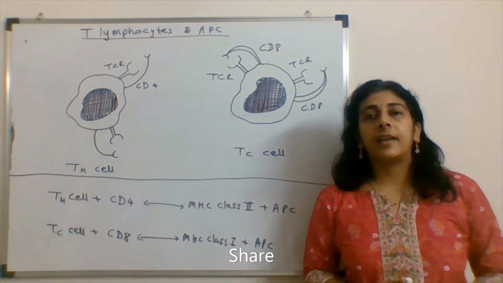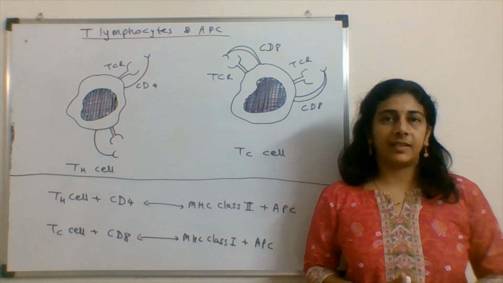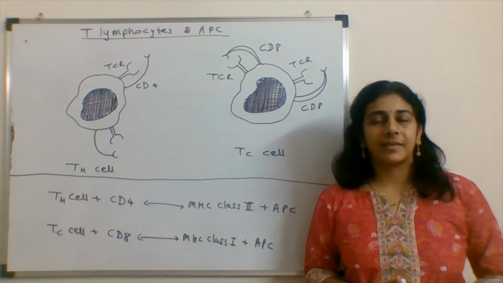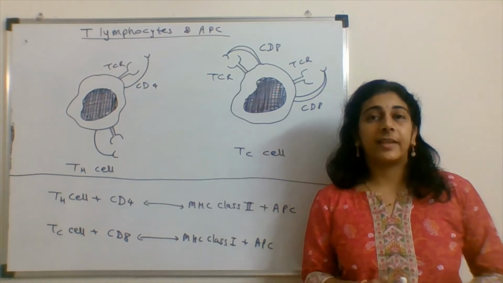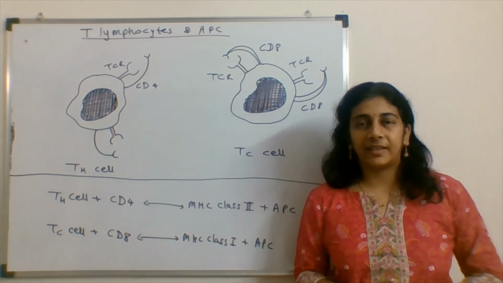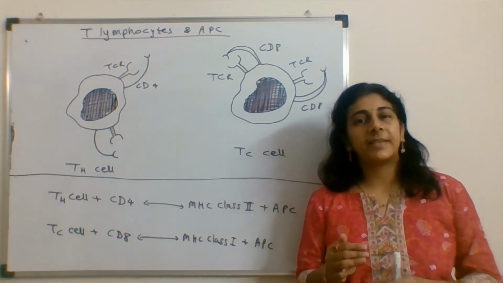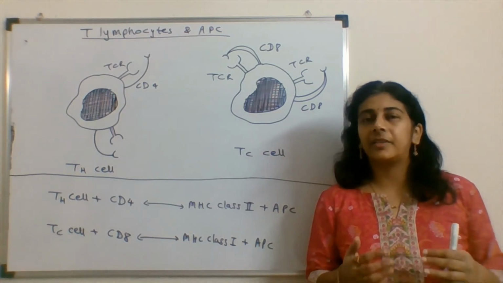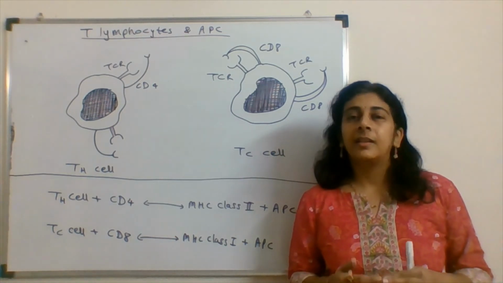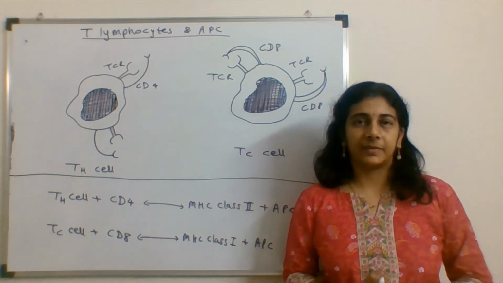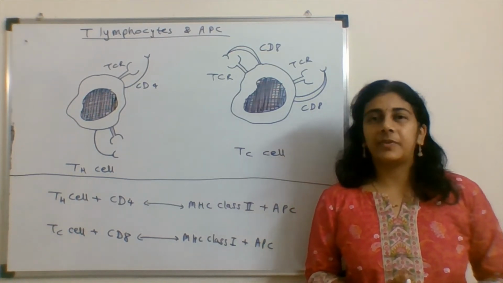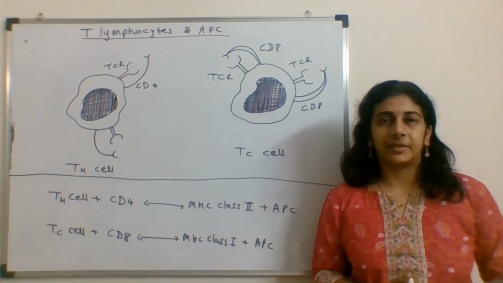Now when we say immune response of the T cells, how does it happen? B cells can recognize antigen directly. B cells circulate in blood, and if they encounter antigen, they start secreting antibody against it. But in the case of T cells, this doesn't happen.